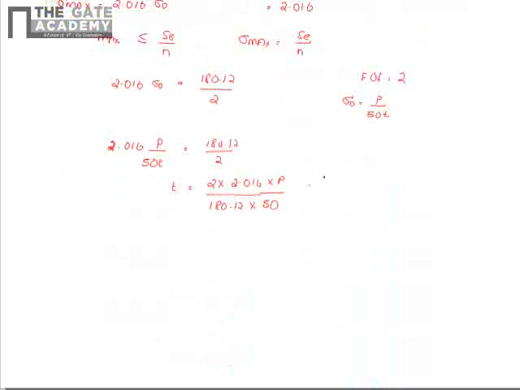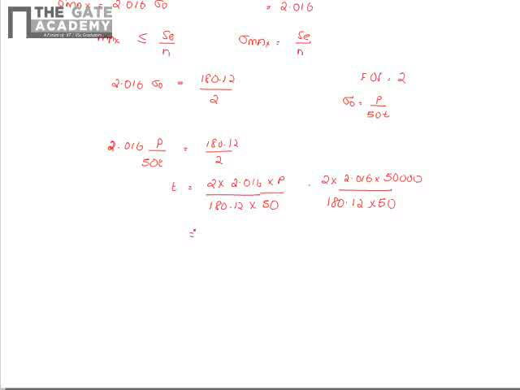So substituting that, we get 2 into 2.016 into 50 kilonewtons, that is 50,000 newtons, divided by 180.12 into 50. This will be the value of thickness in mm. So what is this? 2 into 2.016 into 50,000 divided by 180.12 into 50.